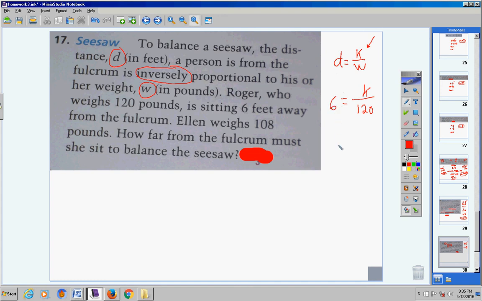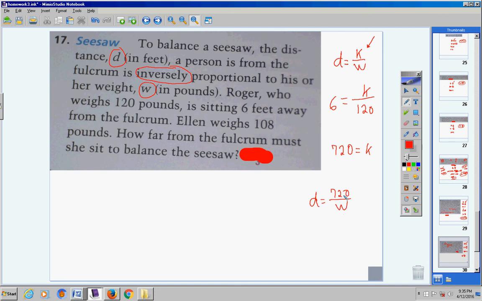So they give us a scenario that allows us to solve for k. Multiply both sides by 120, and we're going to get 720 equals k. So if that equals k, pick it up and put it in for k. So d equals 720 over w.